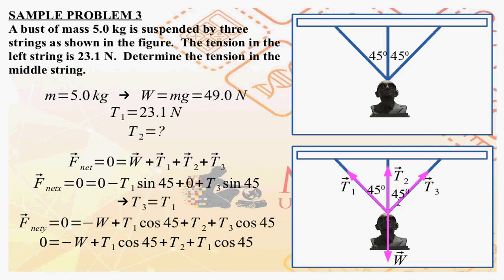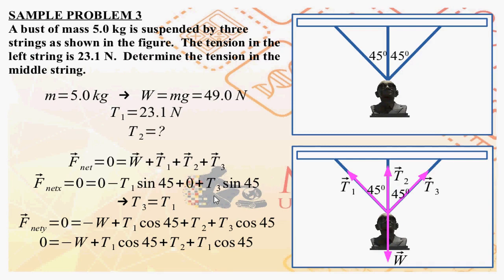X component of T2, T2 is vertical, so no X component. X component of T3, T3 is diagonal. The X component, the horizontal component, is heading in the positive direction. And it is opposite the angle 45 degrees. So we use sine 45. And again, positive direction.